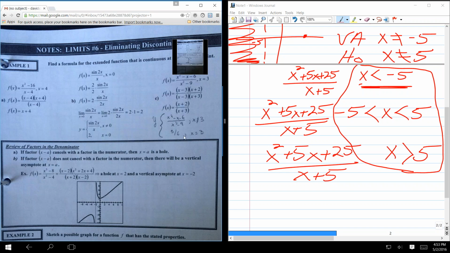You can't really say that the value is equal to 5/6. But this does show how she wants you to give your answers in this other part here.